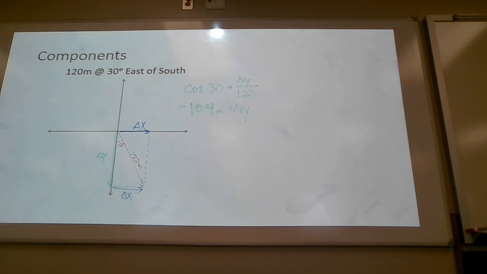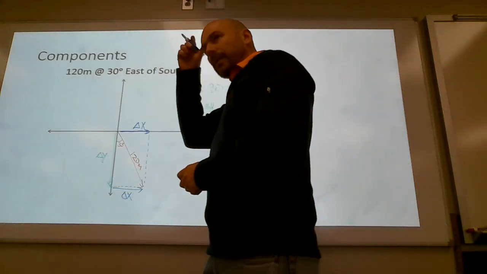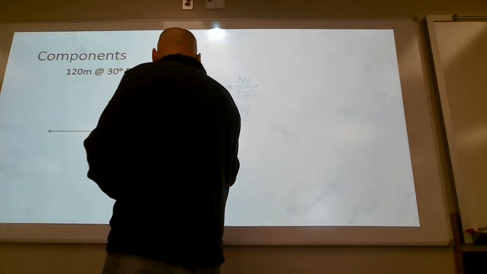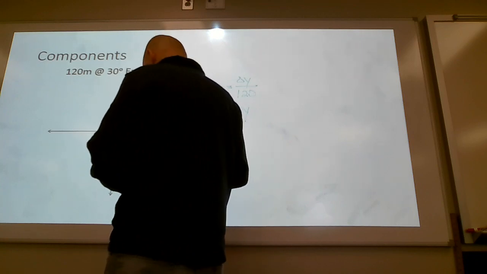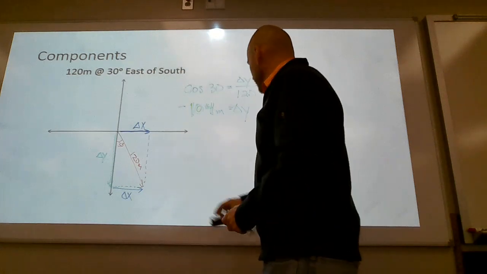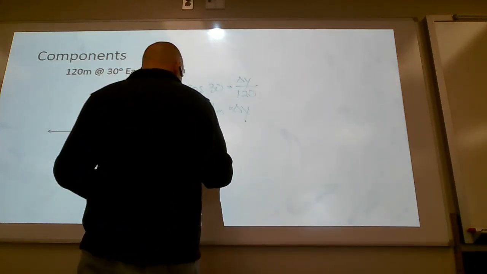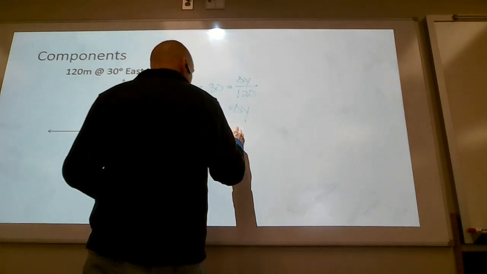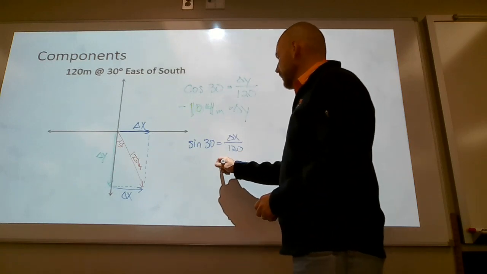Tell your neighbor. Correct answer is, what's the trig function? Good job. Sine of 30. So sine is opposite over hypotenuse.